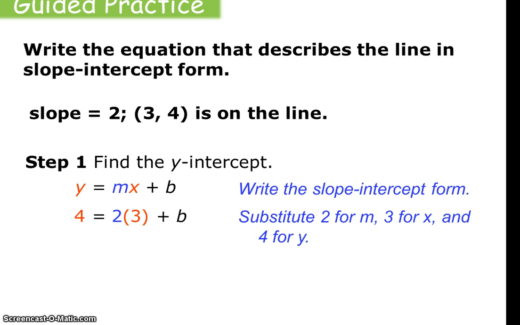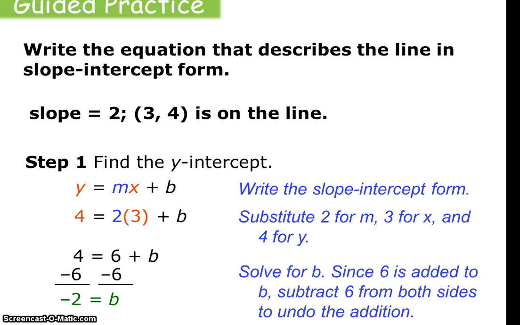We don't know what b is. So what we've done is we've taken what we know, the slope and a point on the line, and substituted them for the variables, and we're going to solve for the variable we don't know, which in this case is b. So that gives me 4 equals 6 plus b. If I take away 6 from both sides, that gives me b equals -2. So the y-intercept is -2.